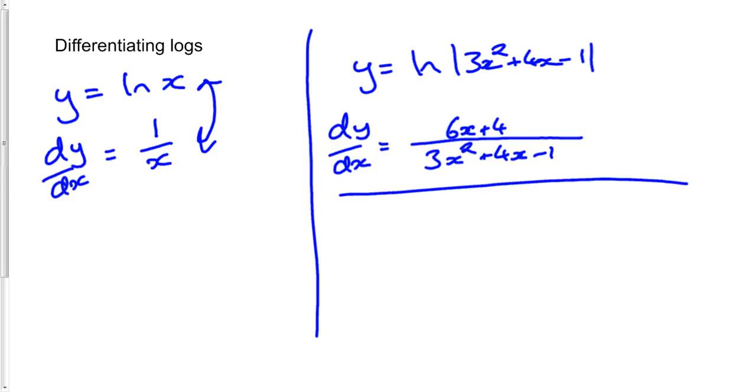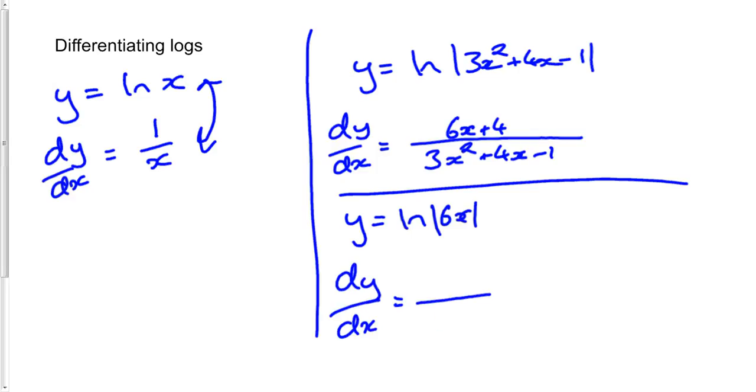Just one more quick example. If you've got y equals log of 6x, when you differentiate that, in exactly the same way, the 6x remains on the bottom. Differentiate 6x and it goes to 6 on the top. But you can simplify this one down. Cancel out the 6's, and so you end up with 1 over x.